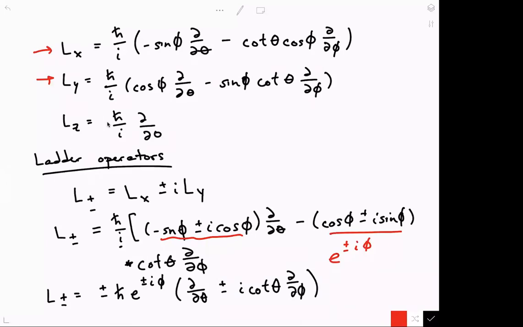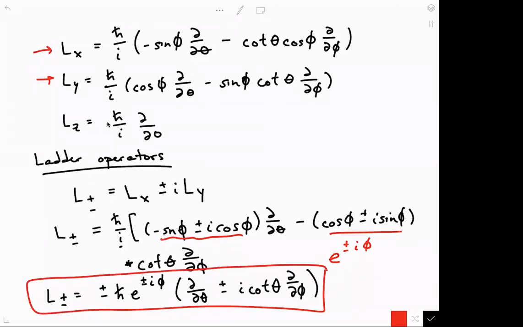We can take that a step further. So if we take this definition, and I'll go on to another page here, if we take that definition and we say, okay, what happens when we use a raising and then a lowering operator?